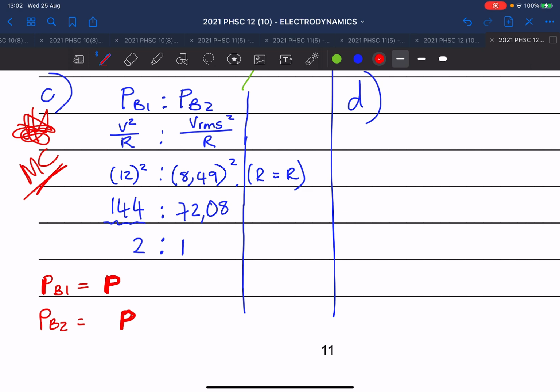And then I give you 2P, 4P, a half P, or a quarter P, or whatever. What will it be, Chabu? The brightness of B2. It will be a half.